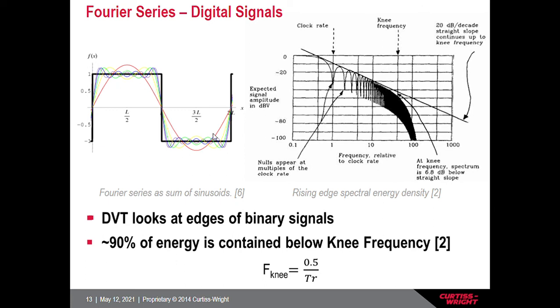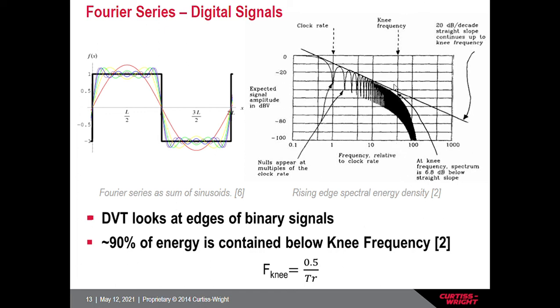We're not really concerned with what happens at 0 or at 1. We only care about the transitions, and that's just a fundamental concept of electronics. This knee frequency tells us that we can retain 90% of the information or 90% of the integrity of this rising or falling edge at this frequency. That's what this graphic is showing here.